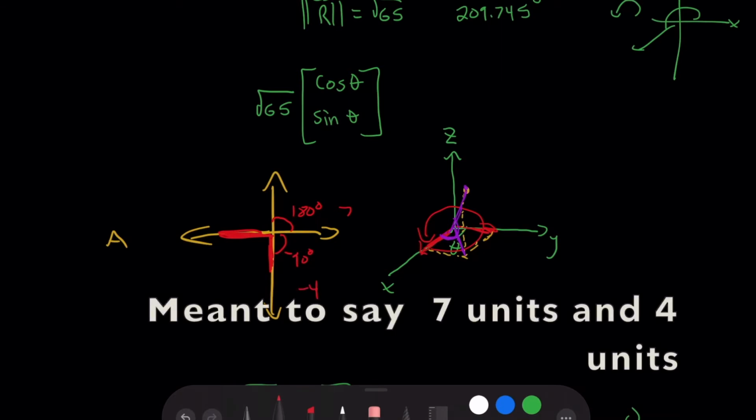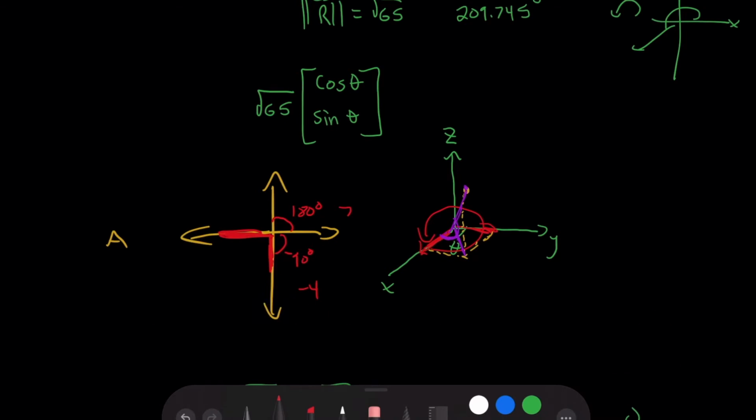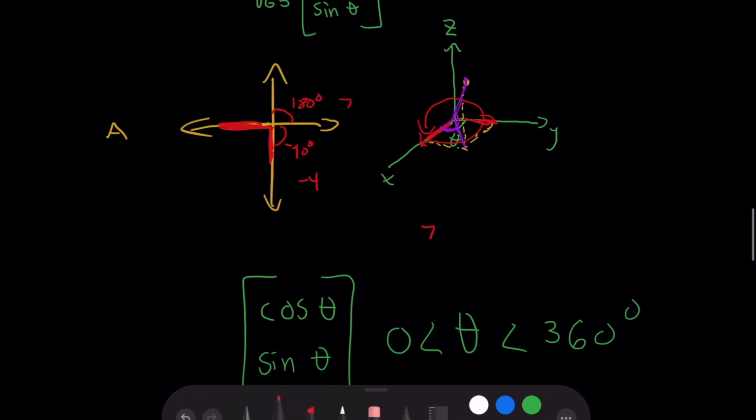And so in these cases, you can see that you have 7 cosine of 180 degrees equal to -7. And then in this case, you had -4 sine of -90.